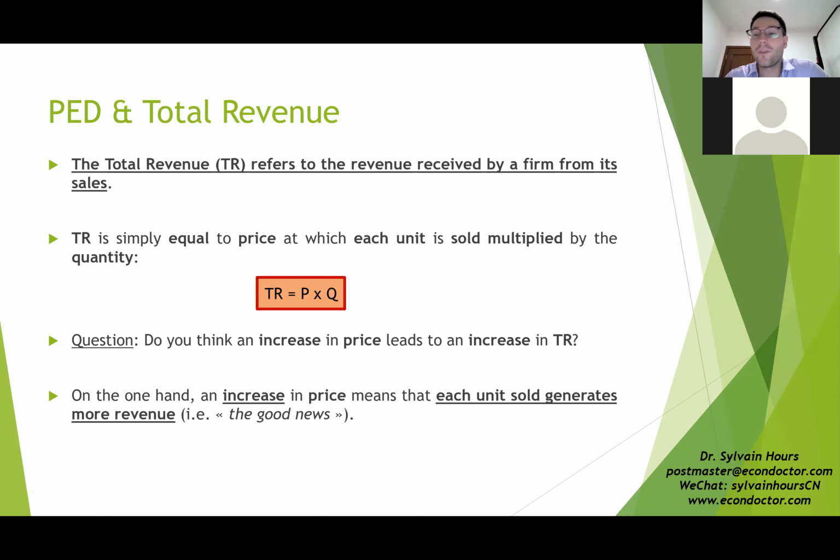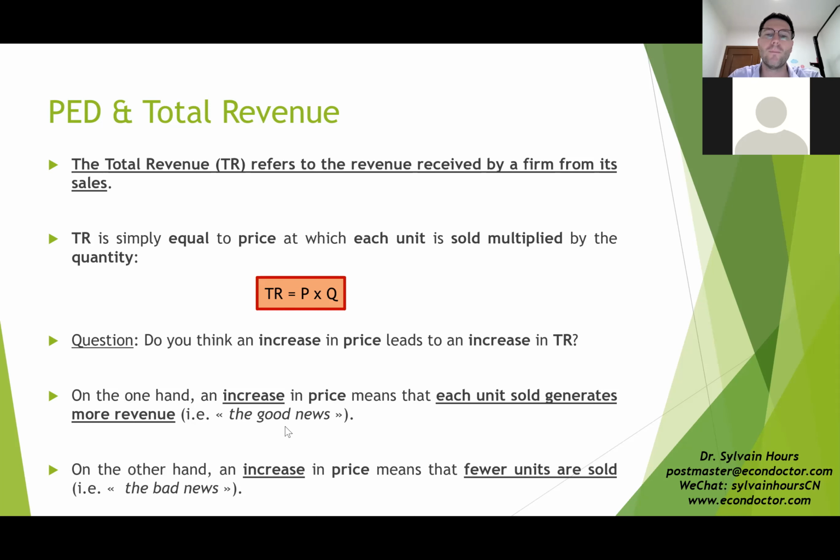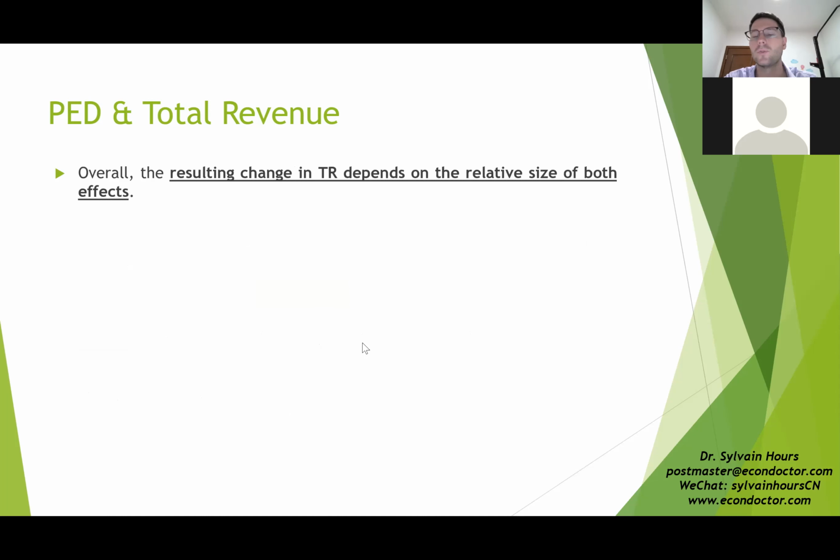But on the other hand, because you raise the price, you are likely to have fewer buyers. That's the bad news. Overall, it's quite intuitive that whether your total revenue will increase or decrease depends on which effect is the strongest.